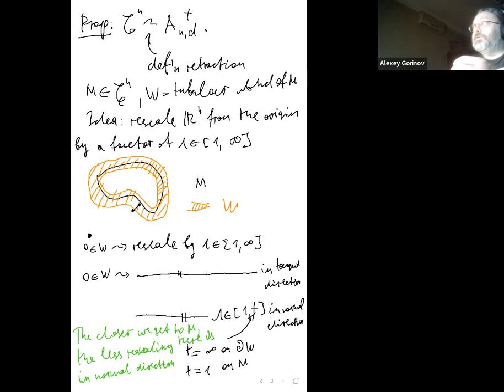If the origin belongs to the tubular neighborhood, then we can project the origin onto M, and we get some point inside M. And my claim is what remains is the tangent subspace at this point.